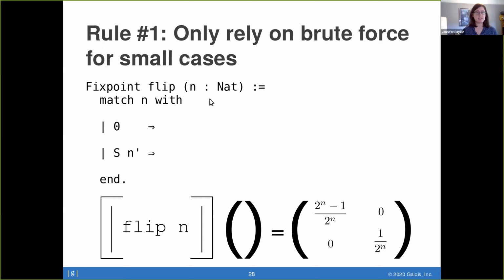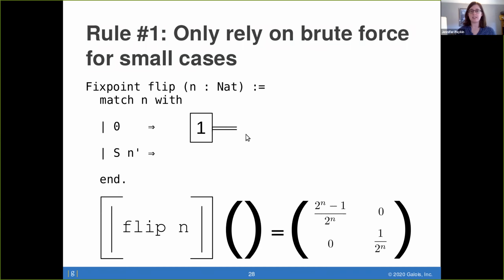That makes sense? So in this case, when we have our n-ary flip circuit, the 0th case is just going to be trivial. In the 0th case, we just output, in this case, true.